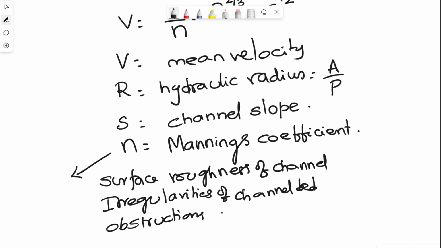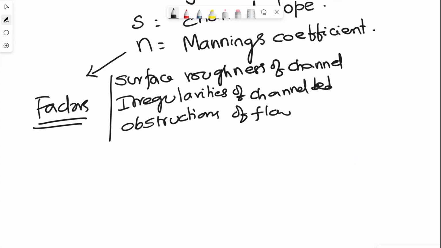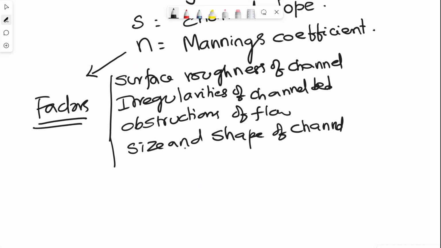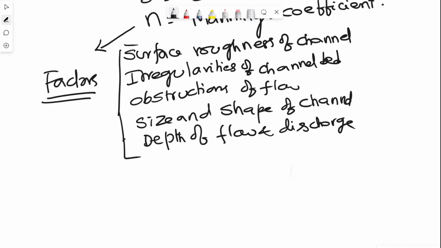These are some of the factors. The idea is just to know what factors this depends upon. Sometimes it also depends on size and shape of the channel, then the depth of flow and discharge. There are some more factors, but I just outlined some of them. So this is the second thing.